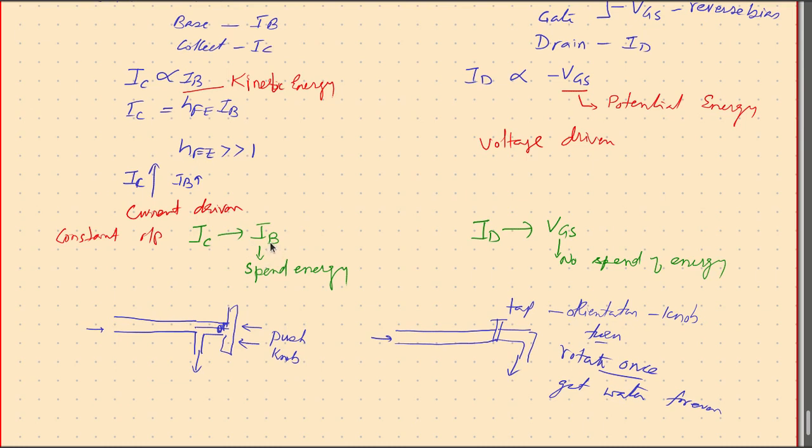For base current to flow, energy has to be spent. No need to spend any energy here. You need to spend continuous energy here. Therefore, the BJT system needs extra energy for its working, whereas the FET system does not need that extra energy because this works on potential energy, and this works on kinetic energy.